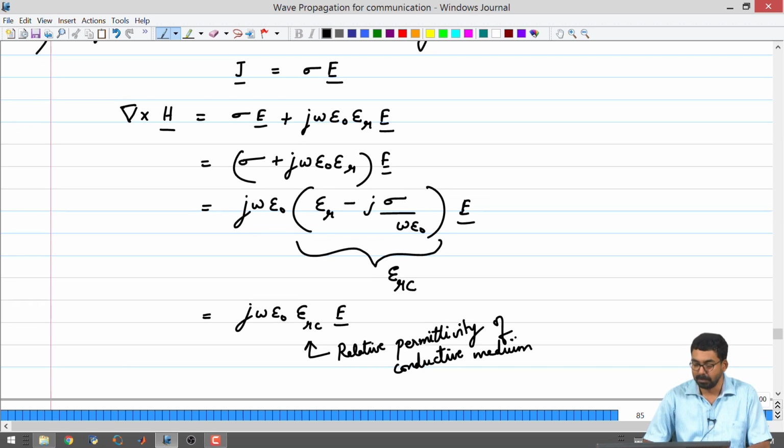Previously we just had relative permittivity. Now we are adding something to specify that it could be a conductive medium, where conduction current density is present.